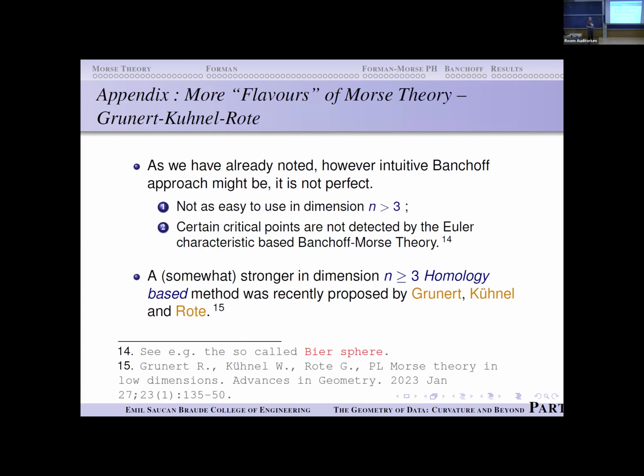Thomas is here. Yes, it's Beer. I feel like a beer sphere. I'm game. So it's somewhat stronger. The method is based on homology and not on homotopy. So this is their paper, which appeared not long ago. Okay, so that's their approach.